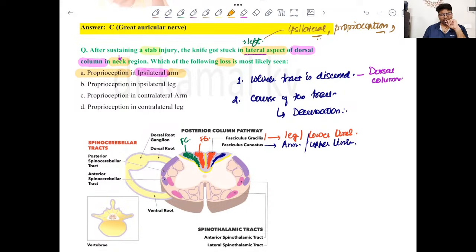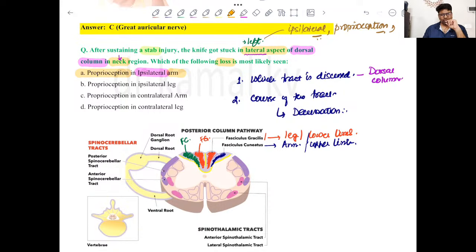So this is the whole description in terms of this question, right? So lateral part injury means this area is involved, the lateral part of dorsal column. If this area is involved, it means there is involvement of the fasciculus cuneatus. And if it is specifically mentioned that it is below the level of medulla, you can say that the same side modalities would be lost.